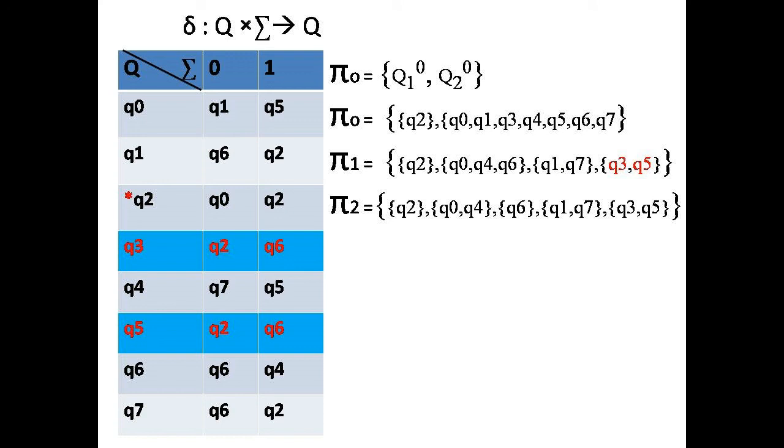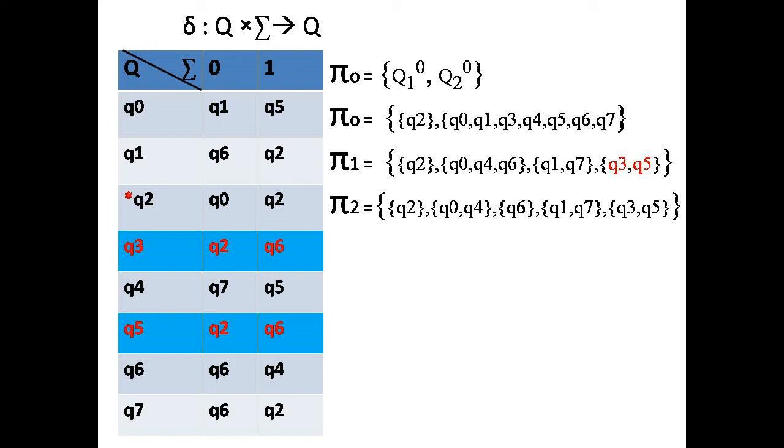The next set of pi 1 equivalence is Q3 and Q5. We compare Q3 and Q5. For Q3, Q5 on 0 input symbol, the entries are Q2, Q2. Q2 is in the same set in pi 1 equivalence.